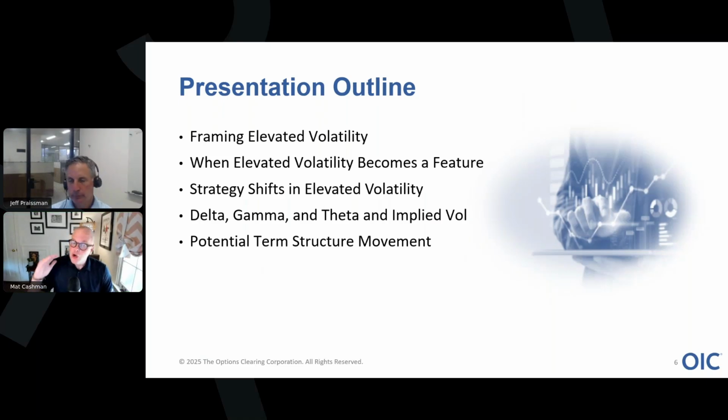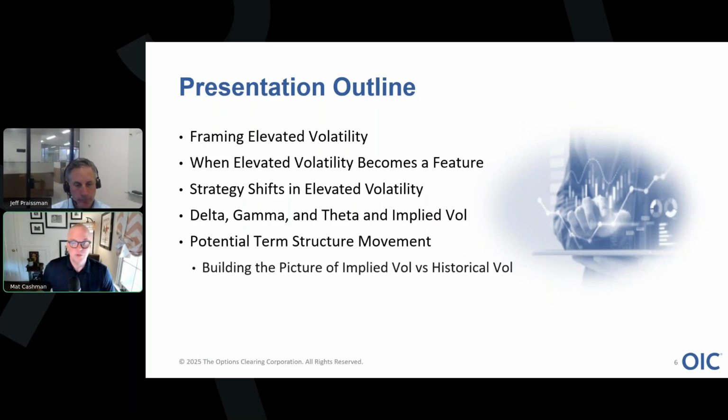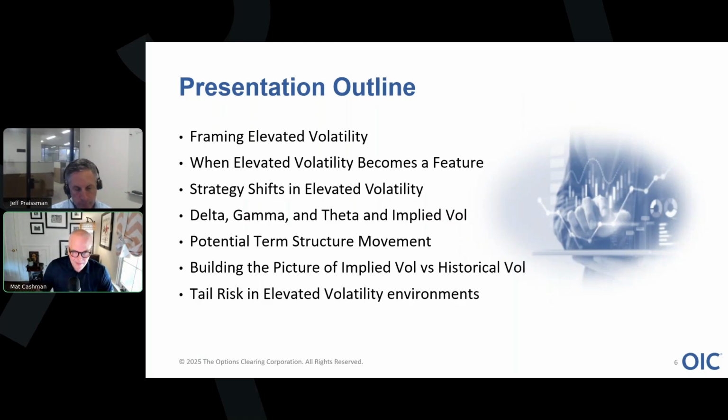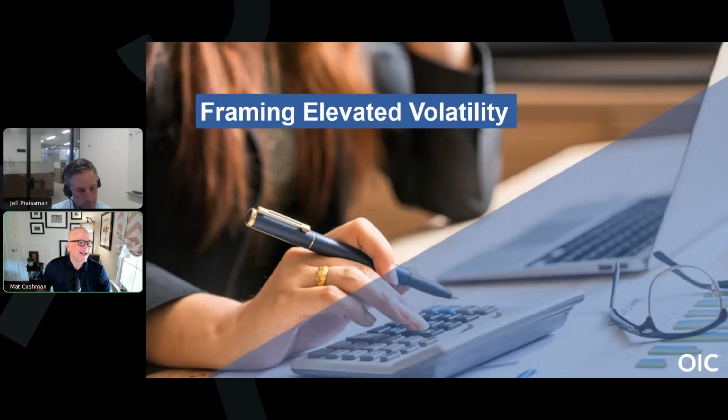We'll talk about different ways the term structure might move, which is something really interesting that people often don't pay much attention to. And then I'm going to help you build a picture of implied vol versus historical vol and think about tail risk. We've got a lot to cover today, as you might tell. Hopefully we'll have some time for Q&A, but let's dig right in.